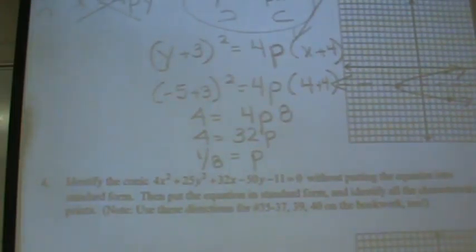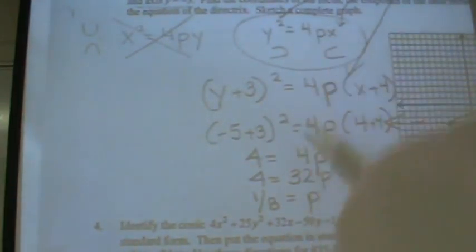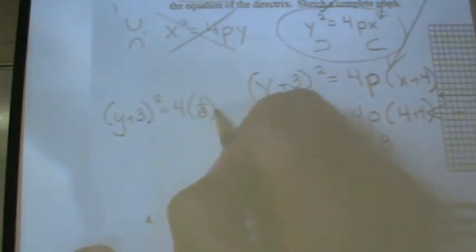It goes in a lot of places. 1/8 can be put right there. Now, it's not 4 and an 1/8, it's 4 times 1/8. So you're going to write y plus 3 squared equals 4 times 1/8 times x plus 4.